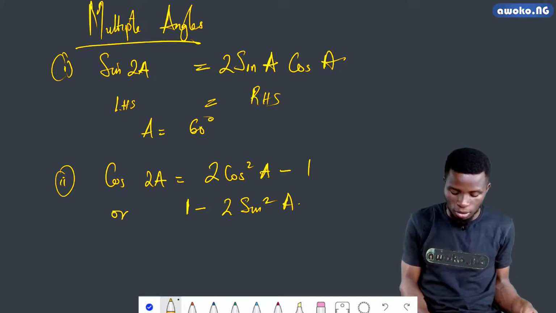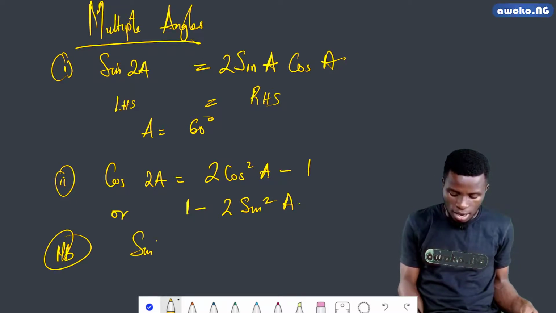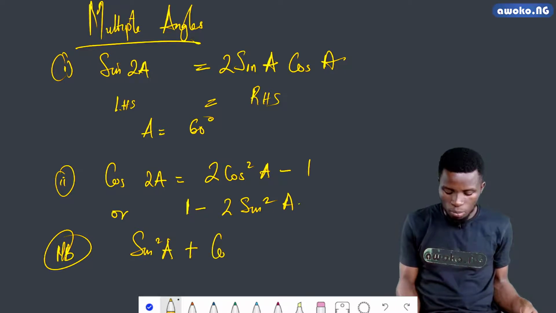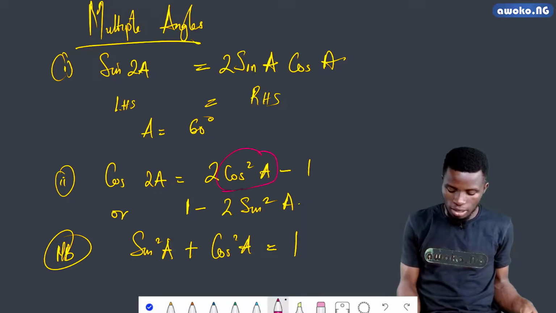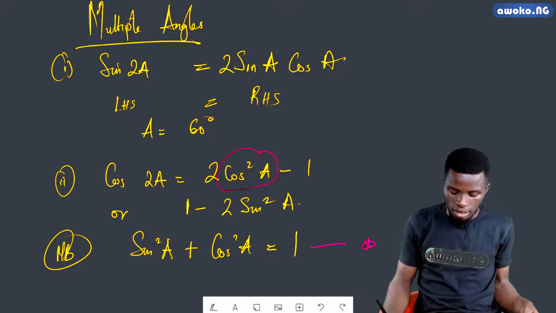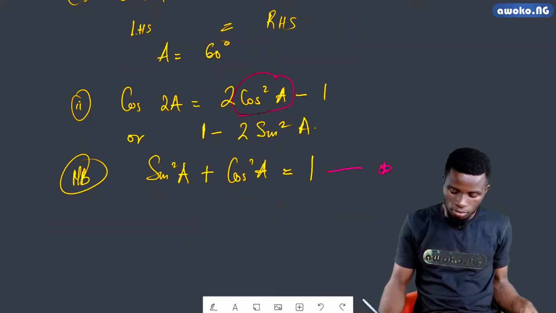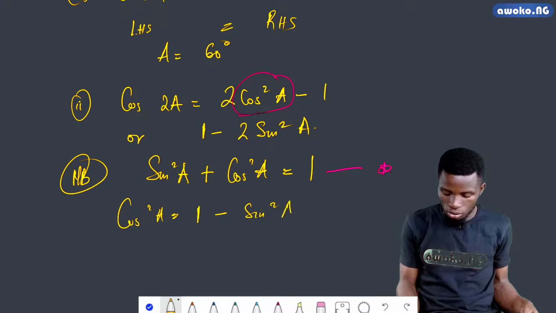Note that sine square A plus cos square A equals 1. Therefore, if we make cos square A the subject of the formula in this equation, then you have that cos square A equals 1 minus sine square A.